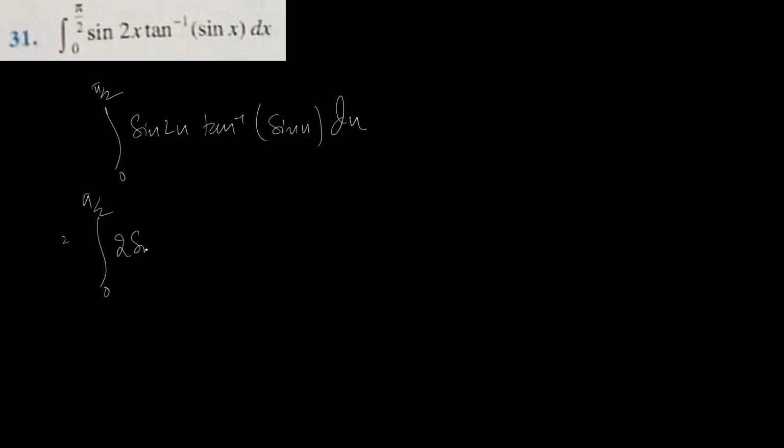Next, question number 31: integration from 0 to pi by 2 of sine 2x tan inverse sine x dx. Here, sine 2x I can write as 2 sine x cos x, so it is tan inverse sine x dx.